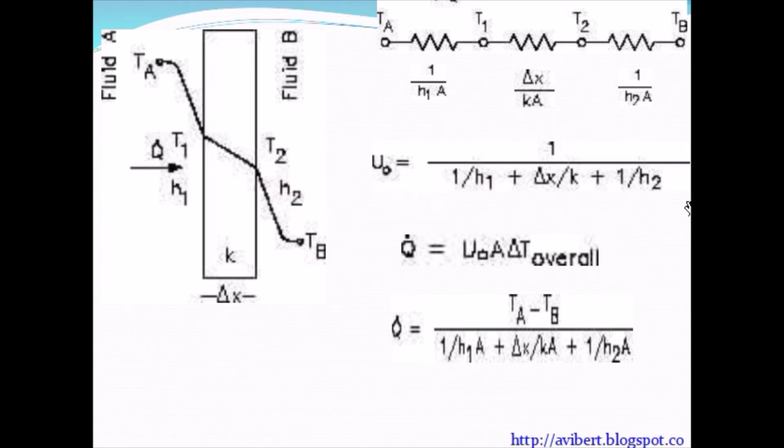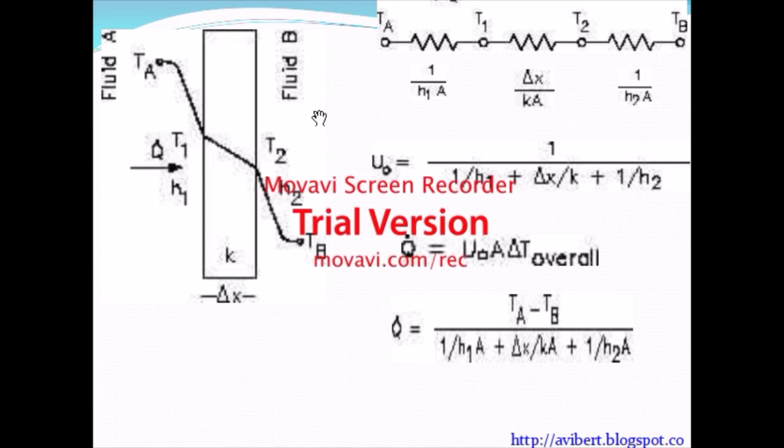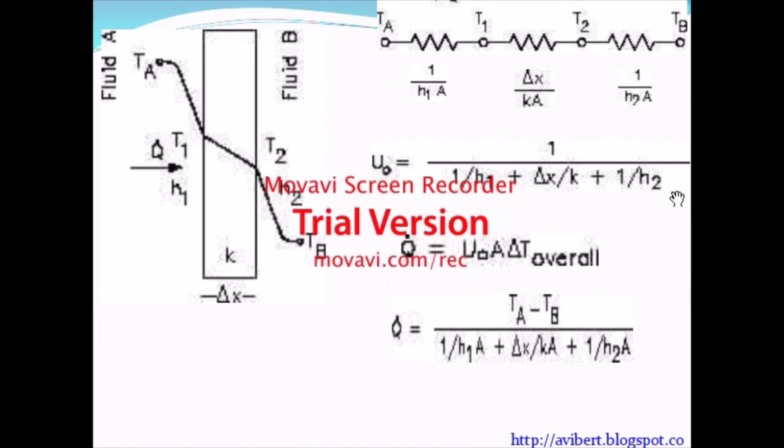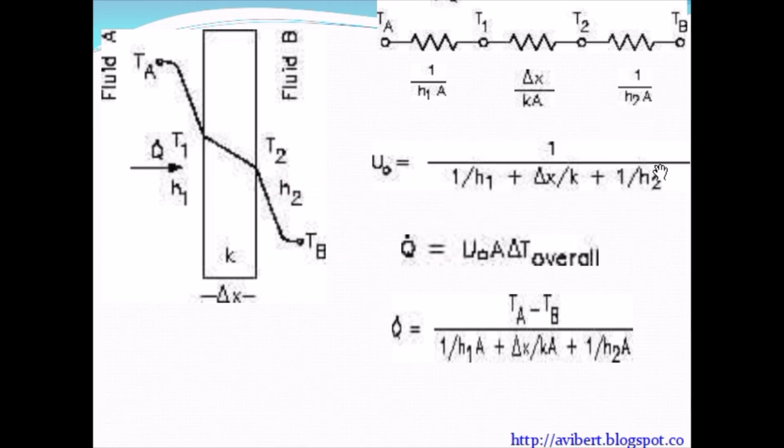So the heat transfer formula comes from the heat transfer concept, where U is the thermal coefficient. We can calculate it as 1 over h1 plus delta x over k plus 1 over h2. k is the thermal conductivity, h2 is the condition outside of the piping system, and h1 is inside of the tube system.